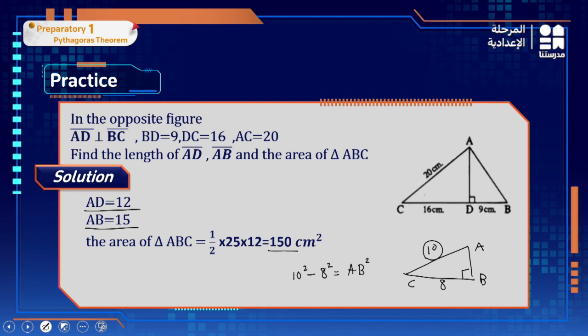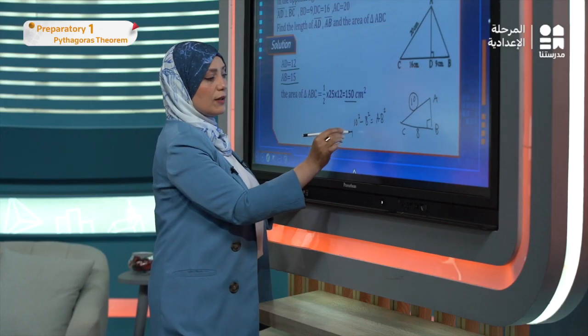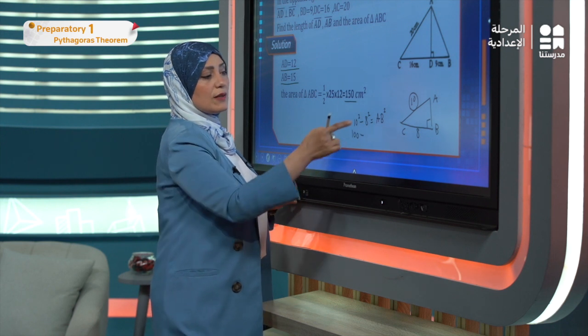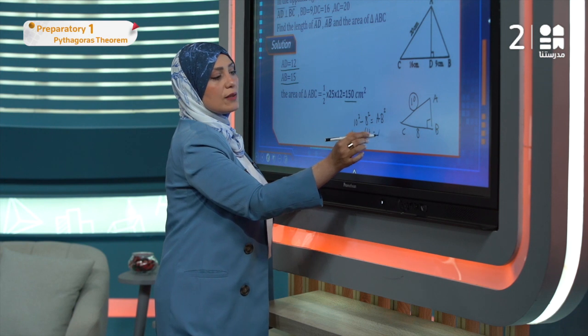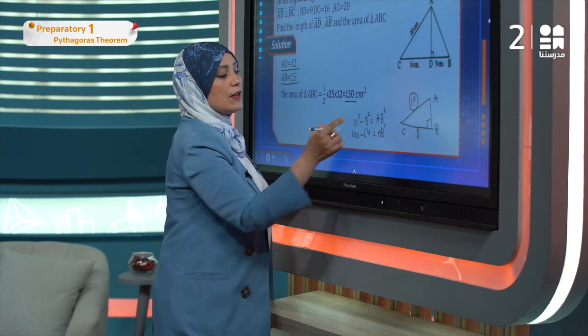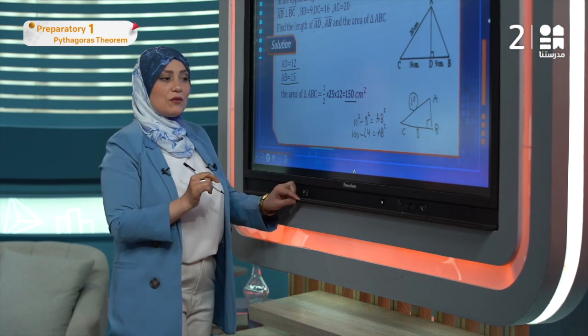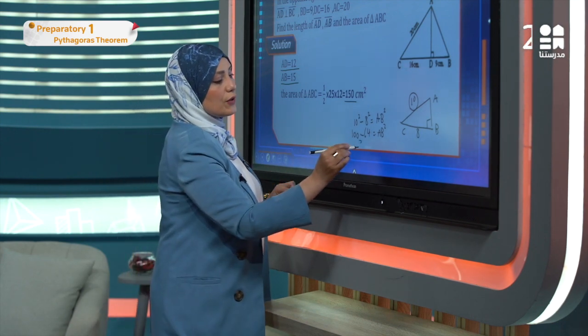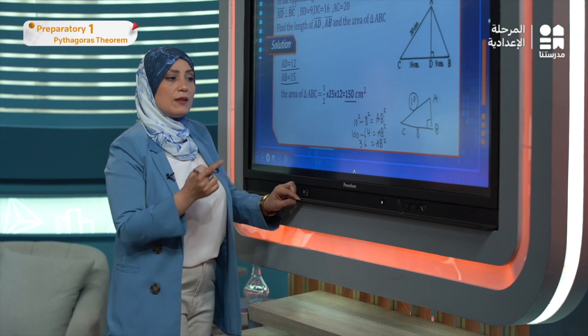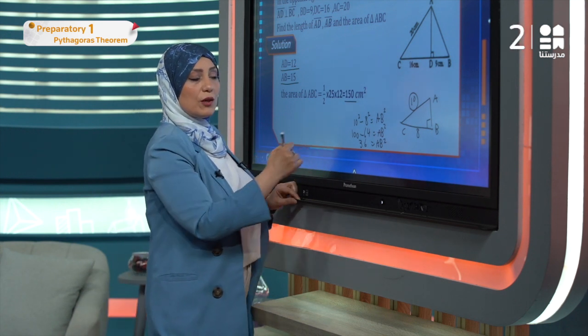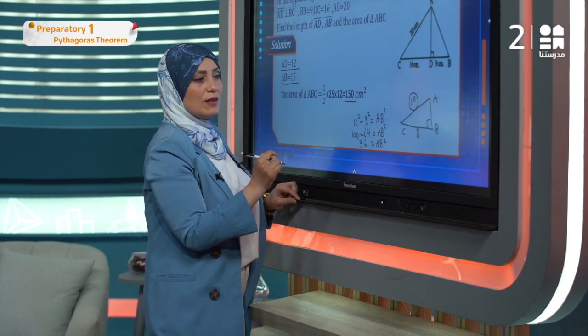How can we find it? 10 squared is 100 minus 8 squared, 64, equals AB squared. Then 100 minus 64 equals 36. 36 equals AB squared. How can we find AB? Take the square root for it. So AB equals the square root of 36 equals 6.